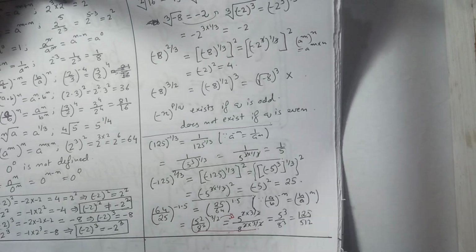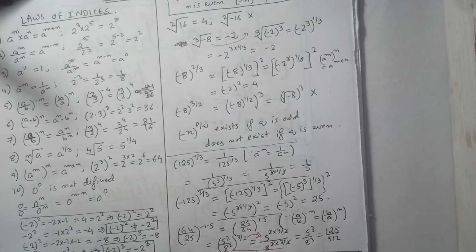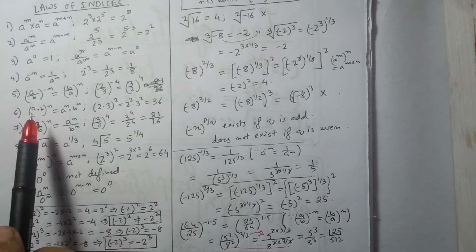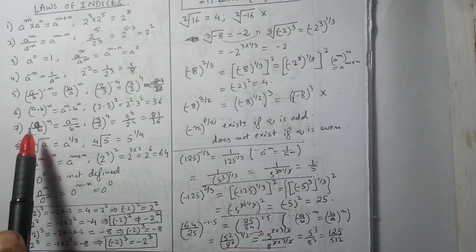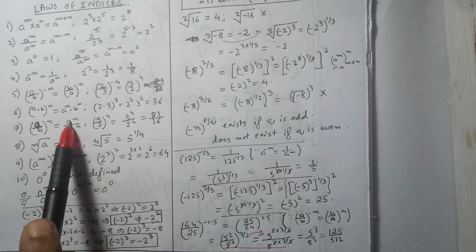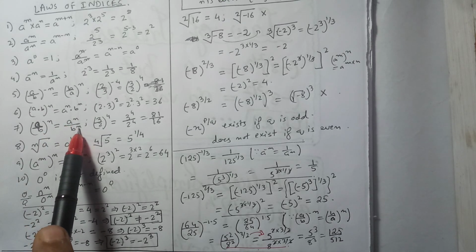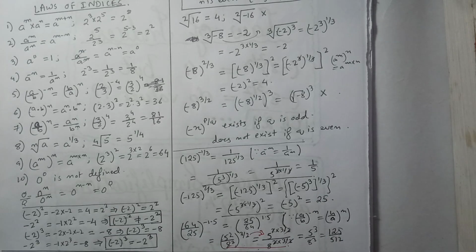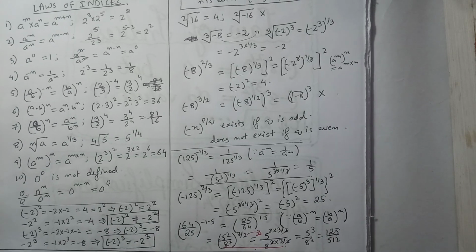I used this property: (a/b)^n is a^n by b^n, correct? 5^2 to the power of 3 by 2 will get multiplied, and 8^2 to the power of 3 by 2 will get multiplied, and finally I get this answer, right?